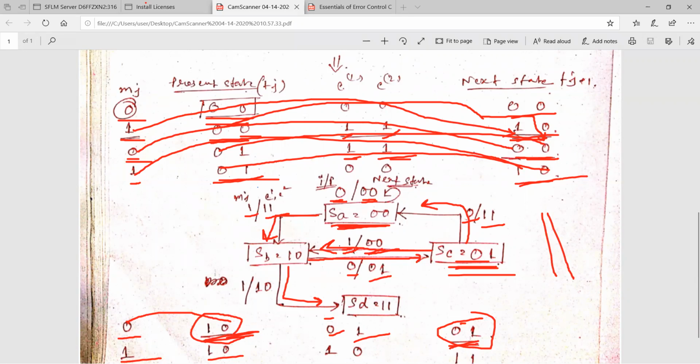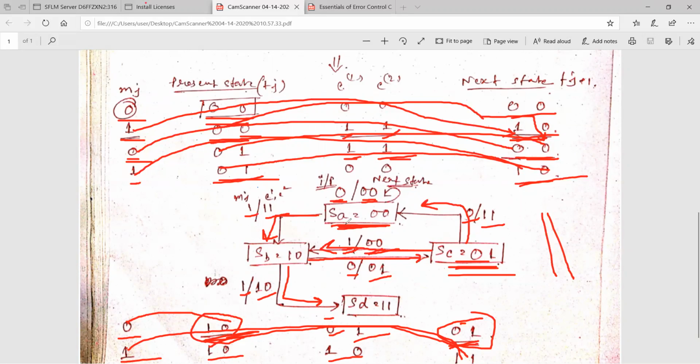Easy, because when I feed this encoder with the new message bit value, then this 1 will be shifted to S1, and this S1 value 1 will be shifted right to S2. Okay, so we are getting the next value as 1, 1. So this is the condition: when 1, 0 is the present state and 1, 1 is the next state, the message bit will be 1 and C1 and C2 will be 1, 0.